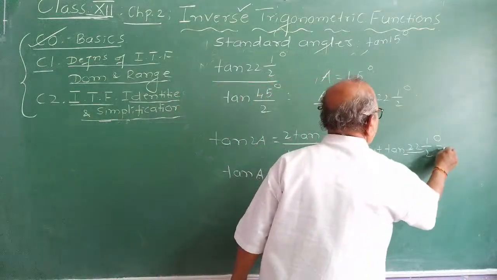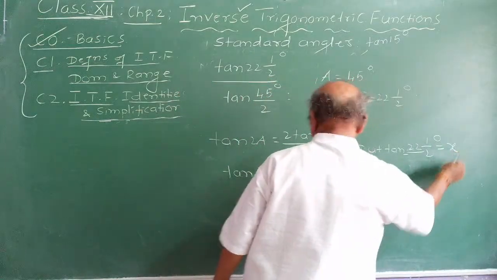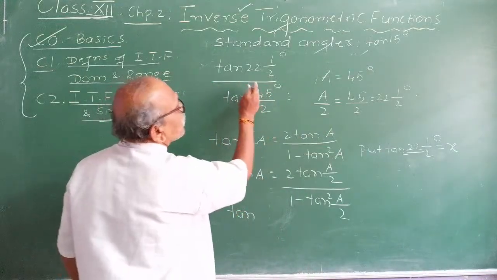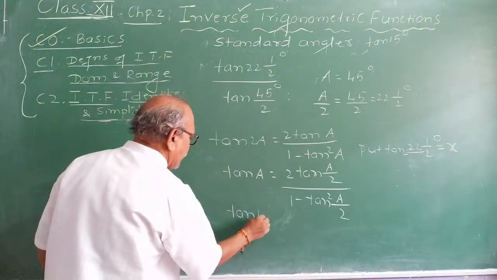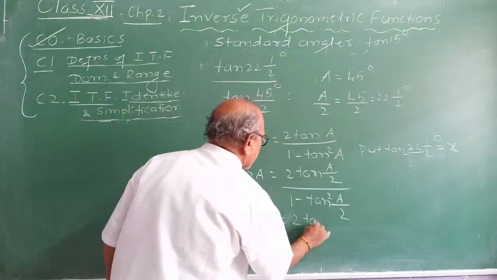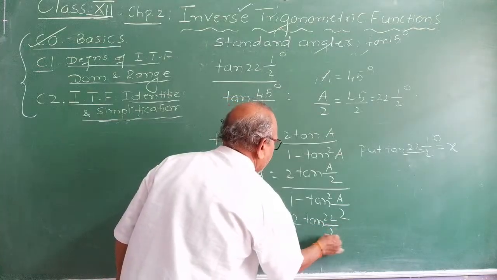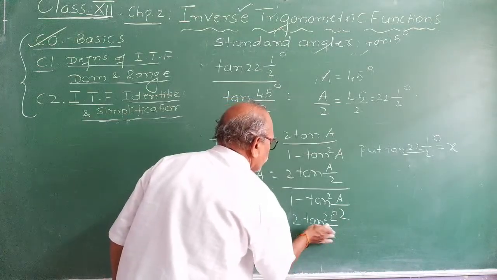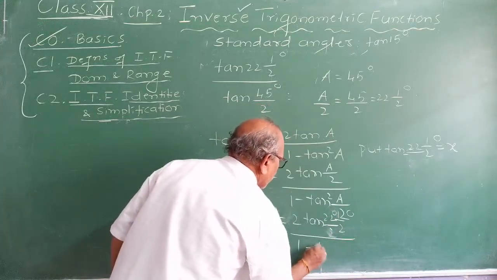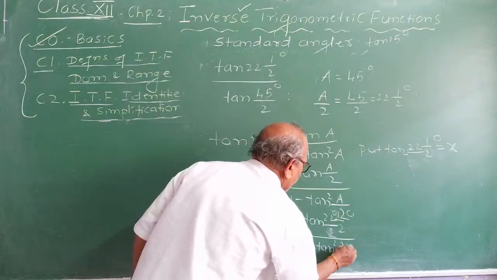That will become x. If you substitute the value here, A is 45 degree. Tan 45 degree is equal to 2 tan 22.5 degree divided by 1 minus tan square 22.5 degree.